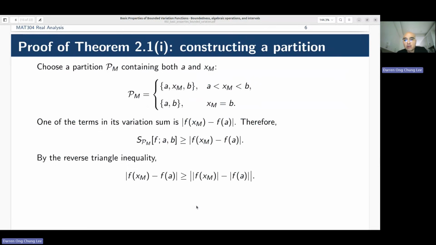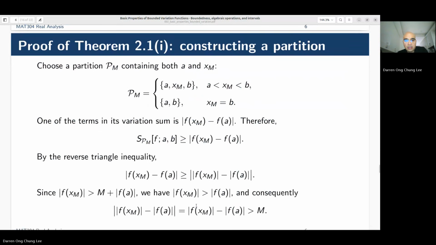So we can just use a triangle inequality here. The distance |f(x_m) - f(a)| is bigger or equal to the absolute value of f(x_m) minus the absolute value of f(a). Now, since we assumed that f(x_m) is bigger than m plus f(a), this is where that choice of m plus f(a) comes in.